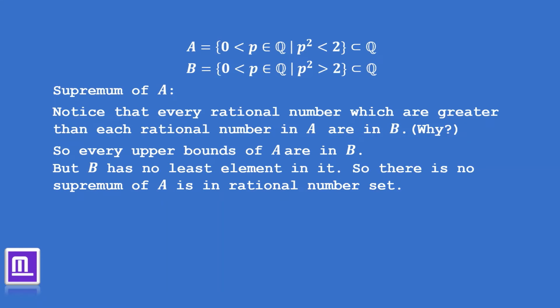Alright, please note this point. We got a subset whose supremum does not exist in the superset. This kind of possibility is there, and it is an example, and you should also take into account that A has no supremum in the rational number set.